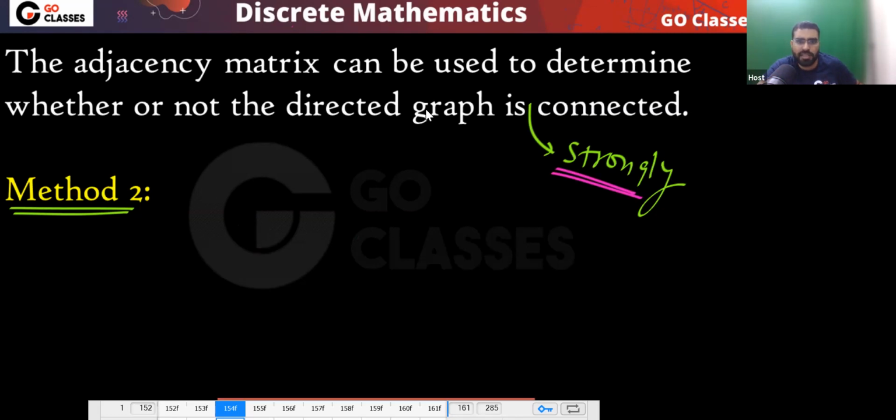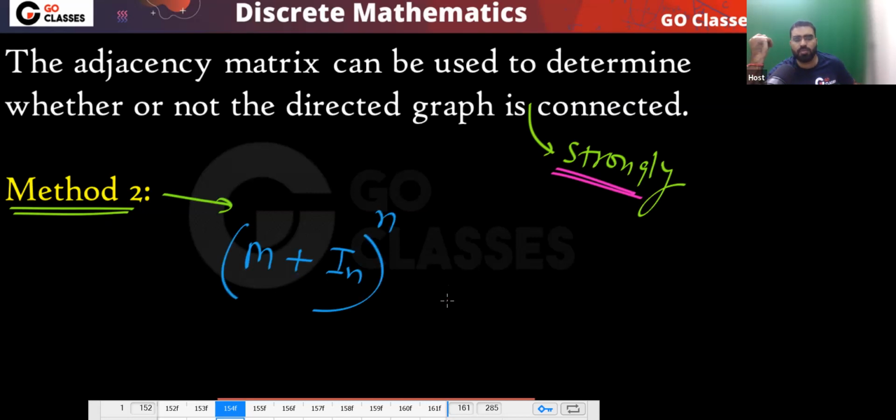So again, method 2 will work, but remember, you have to go again till n. You have to do power n. The same method 2 will work, but you have to do power n. That is the only difference. So you can notice that you can take (M plus I) power n.